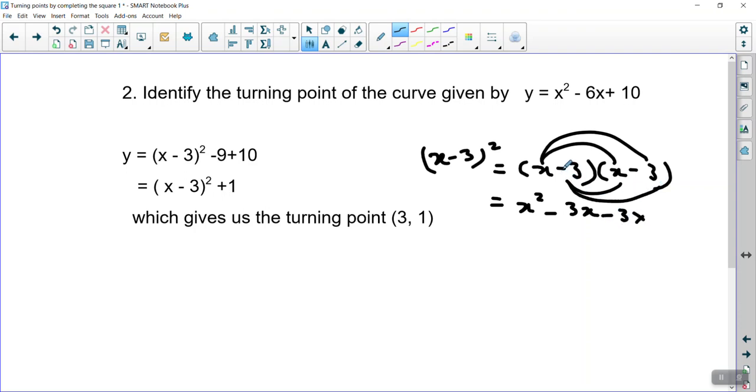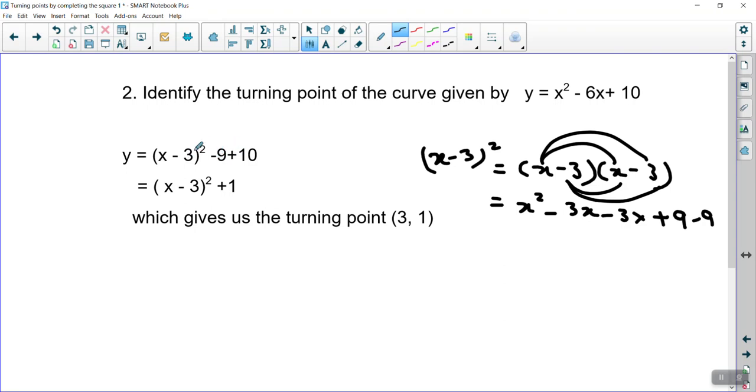And then negative 3 times negative 3 is going to be a positive 9, which is why here we are subtracting 9. So whether the sign here is negative or positive, we will always subtract the square.